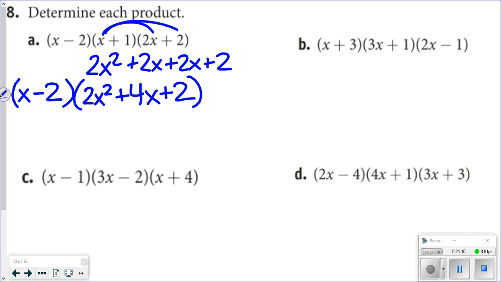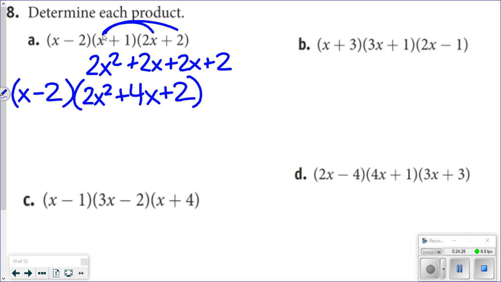So I am multiplying the last two binomials first. And now I'm going to multiply that with the first trinomial. So I have a bi times a tri and distribute.